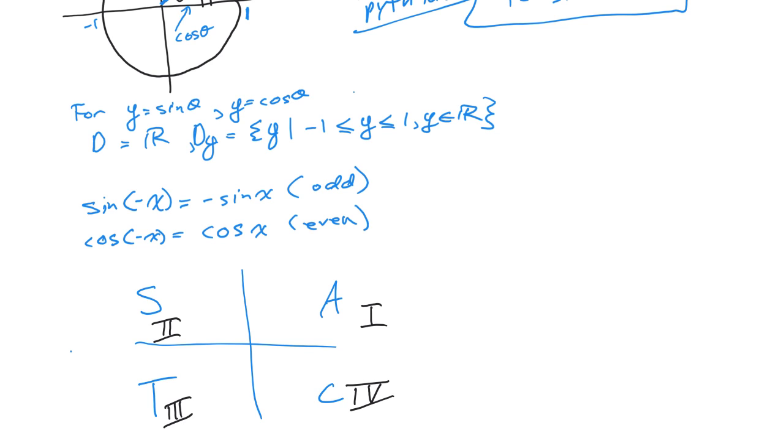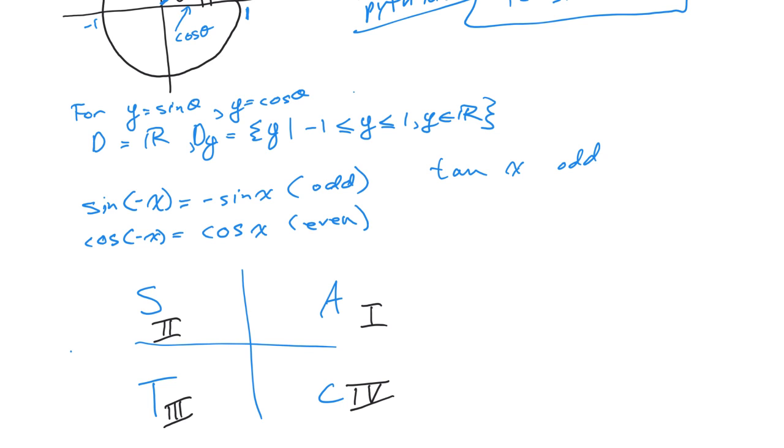We know that for quadrant 1, everything is positive for sine, cos, and tangent. And I should let you know tangent of x is odd as well.